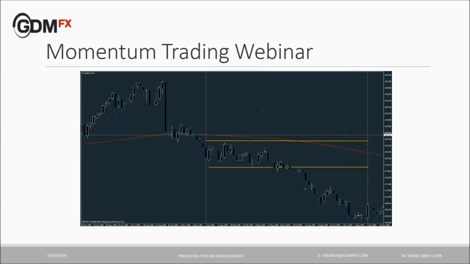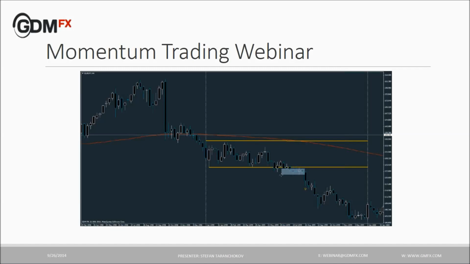Now, next, what we're looking for is a breakout. As we can see right here, the price broke out, and in our case, it is a real breakout. Now, these areas right here are a little bit risky, meaning that we have to wait for a confirmation that the breakout is real, just to play it safe.